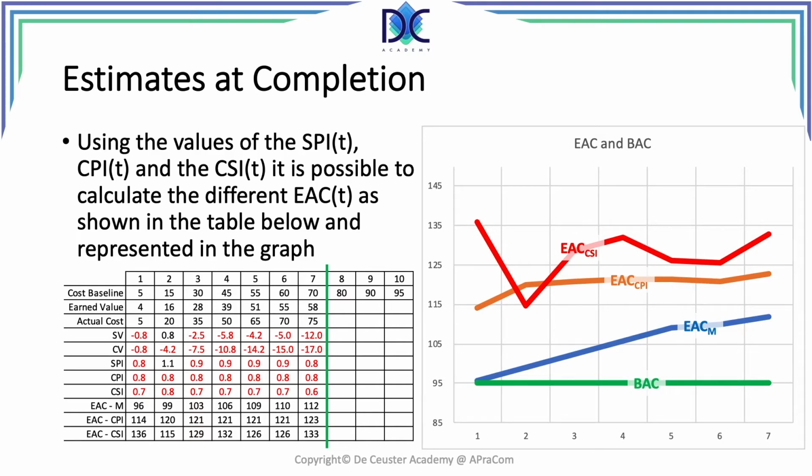We also have the green curve, which gives you the budget at completion, which of course is a constant. And we see for most of the time that the estimate at completion, the mathematical estimate, is the optimistic value, the CPI-based value is the probable, and the CSI-based value is the pessimistic.